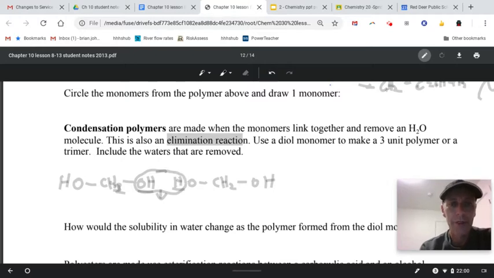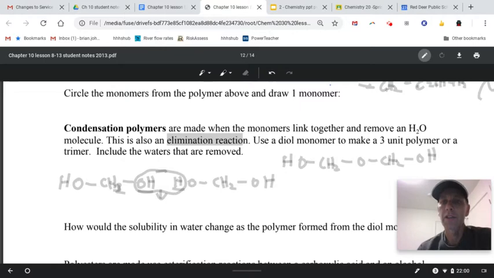And it won't let me write H2O. And then we join that together. So that's going to look like, this is going to drive me nuts. HOCH2 to an O to a CH2OH. Okay, there's a 2-unit polymer.